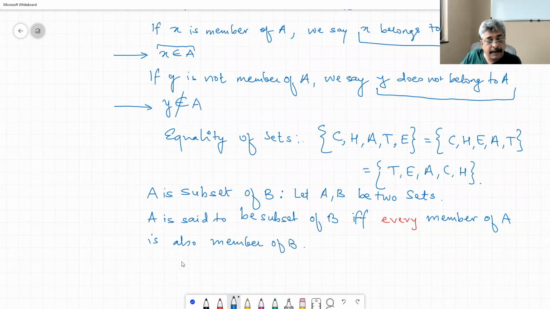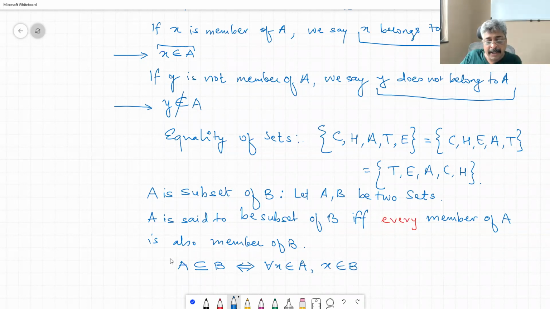We write it as A is a subset of B if and only if for every x belonging to A, x belongs to B. I really mean it.